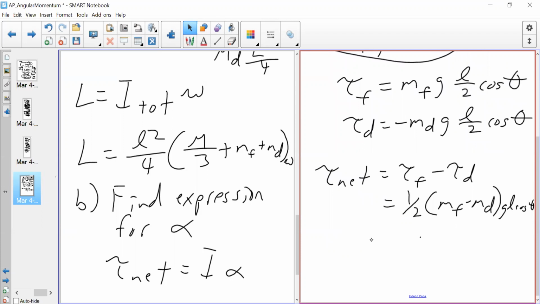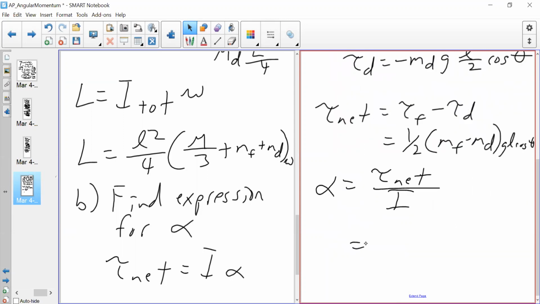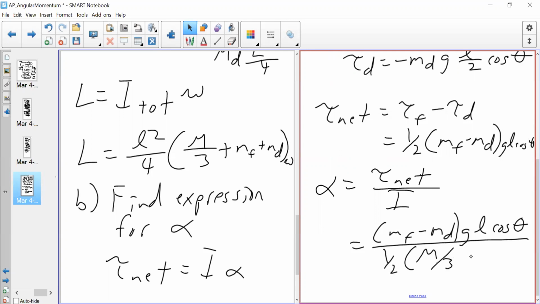And then alpha is just going to be this net torque expression divided by the moment of inertia we found in part A. That comes out to be cos theta over 1/2 m over 3. So again, that's what we saw earlier.